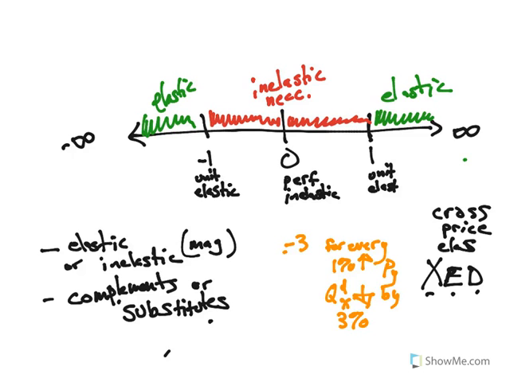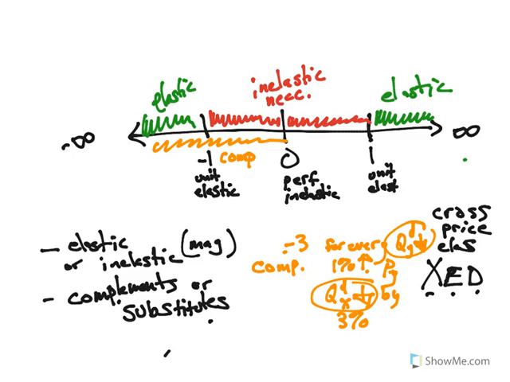When price goes up, quantity demanded goes down. So we're consuming less of both goods, so this must mean a complement. So negative values are complements, which must mean that positive values are substitutes.